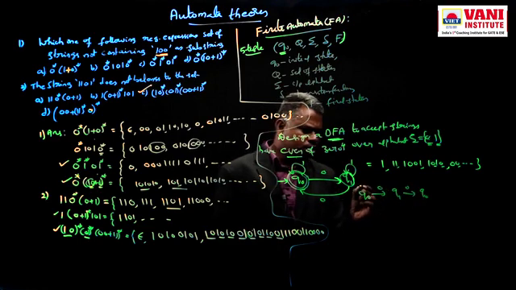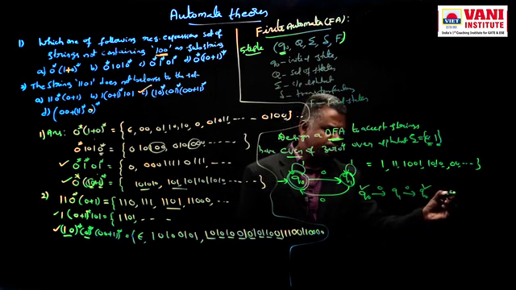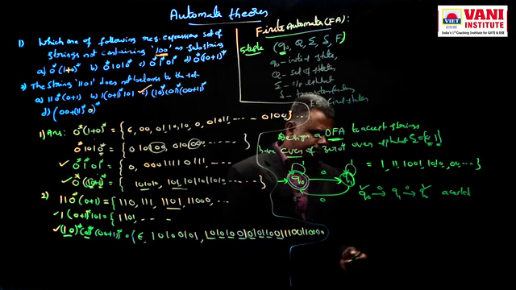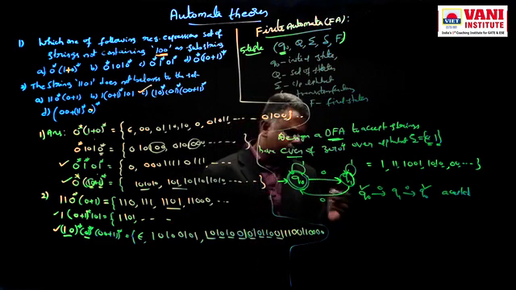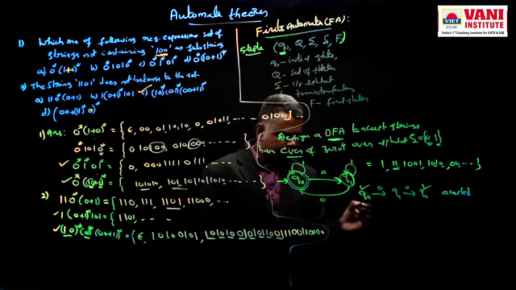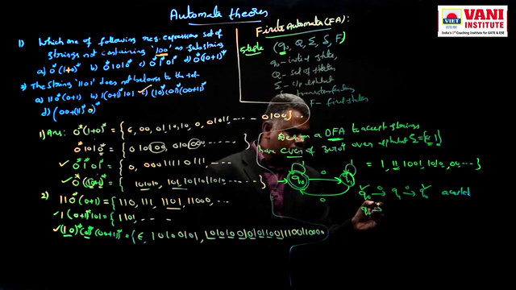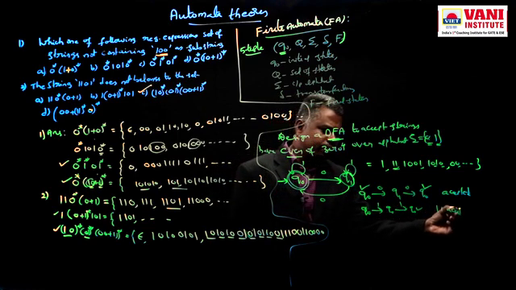The string 0 0 started in the initial state and reached the final state, therefore it is accepted. Similarly, take 1 1, which has no zeros. 0 is also an even number. Q0 on 1 is Q0 and again on 1 is Q0, which is a final state. Therefore 1 1 is accepted.